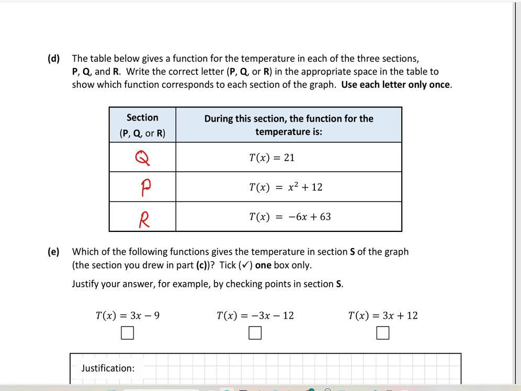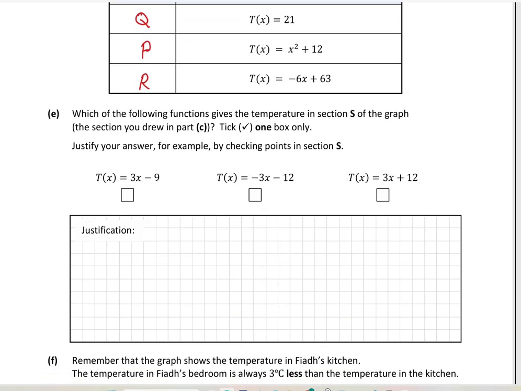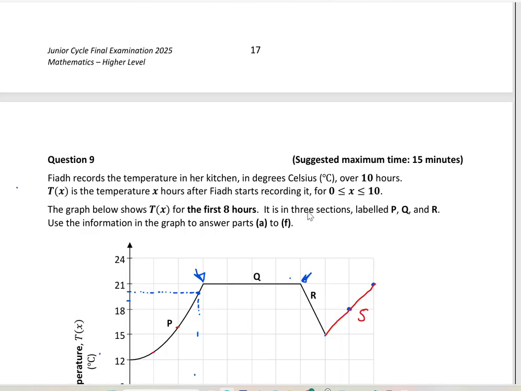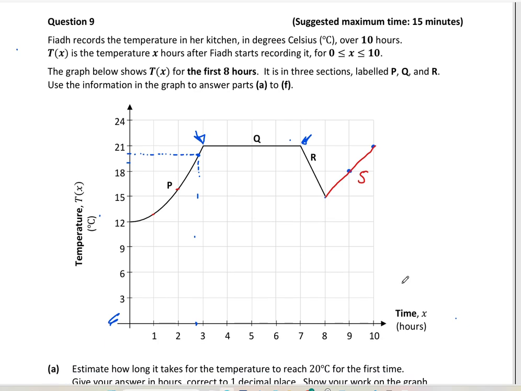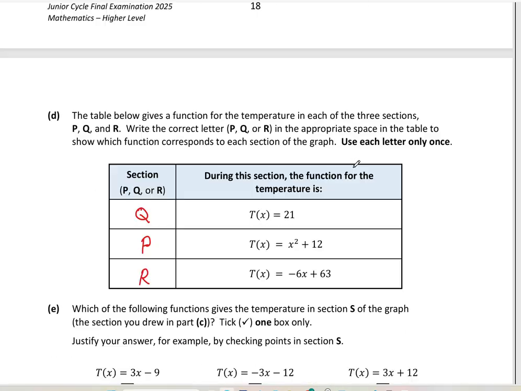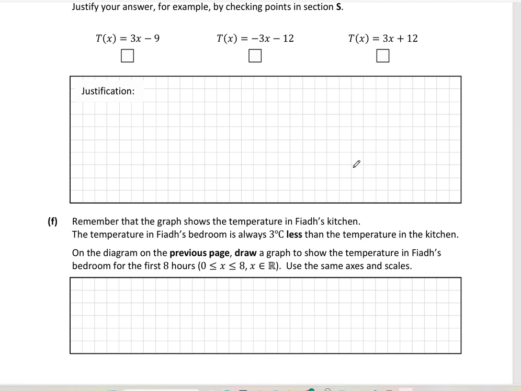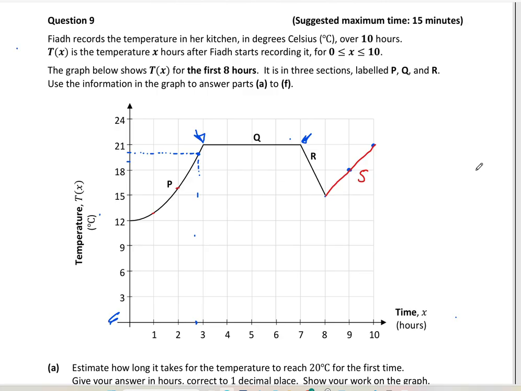If I say 3x minus 9, then 3 nines is 27, minus 9. 27 minus 9 is 18.